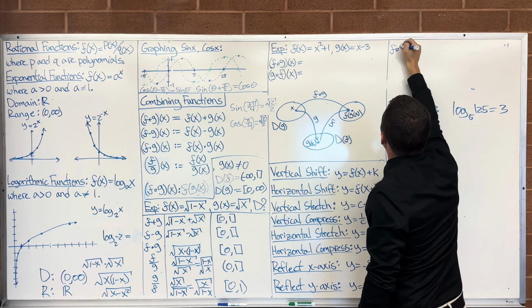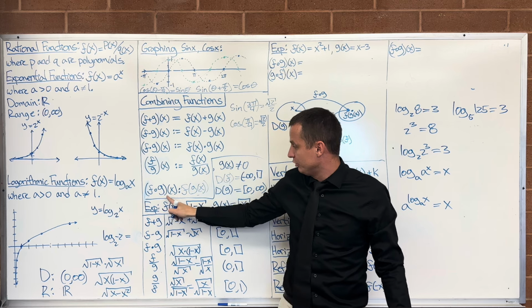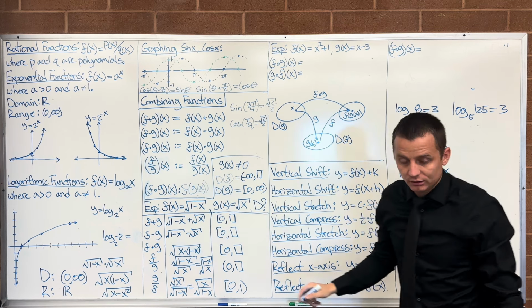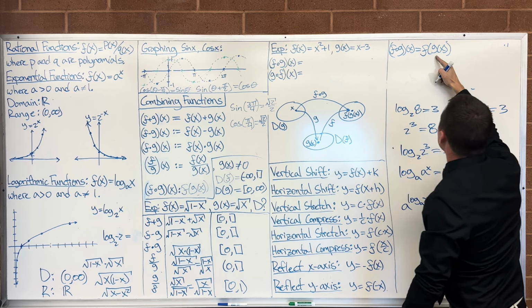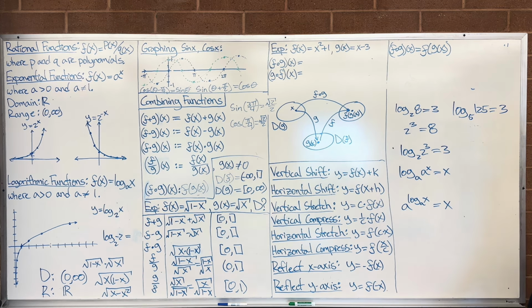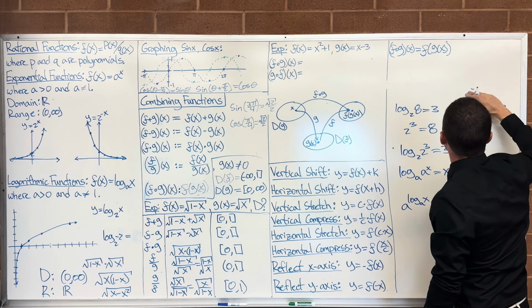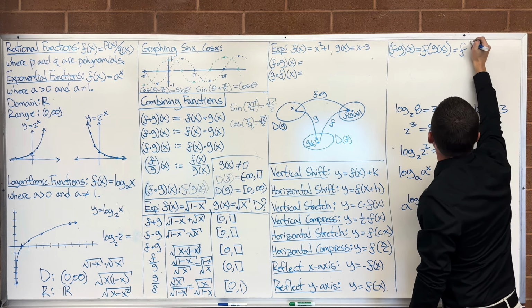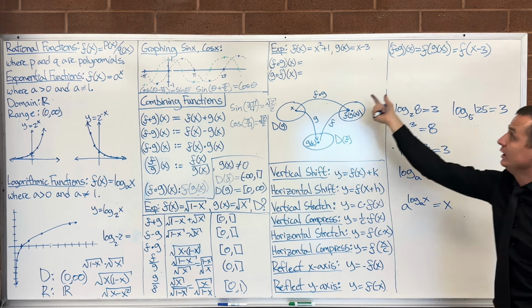By definition, f composed with g of x is just f of g of x. What is g of x? It's x minus 3. So this is equal to f of x minus 3. So we're going to plug in x minus 3 into f.